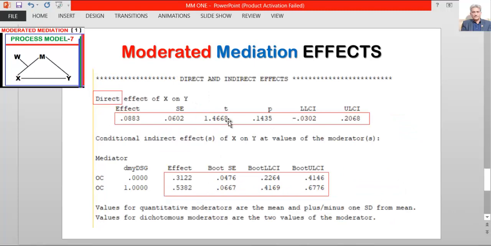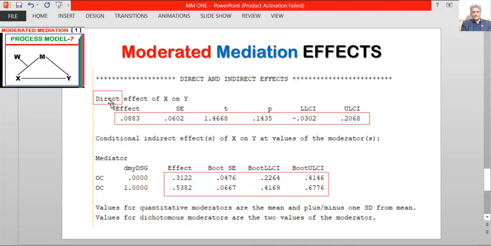Now comes the last result showing the effects of X on Y, including direct effects as well as indirect effects. Direct effect of X on Y, we can see that it is only 0.0883, SE and T score is insignificant, P is insignificant, as well as the lower and upper limits of confidence interval also are insignificant.